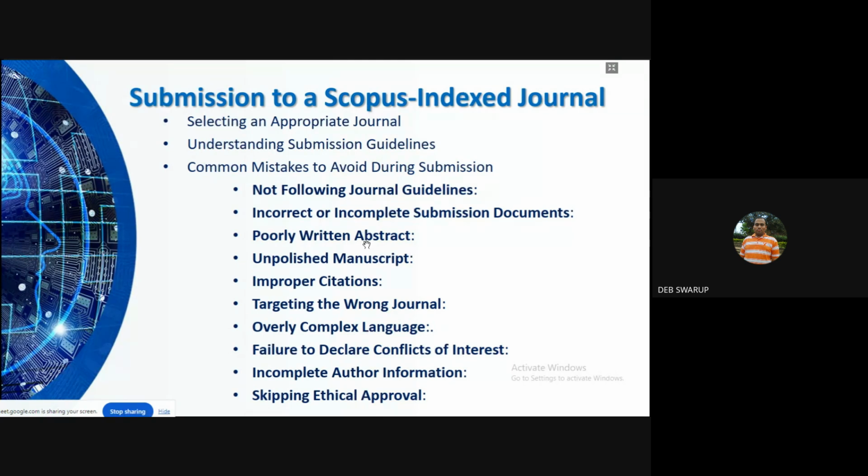Clear? Now, what are the common mistakes to avoid during submission? The first common mistake that I have told is not following the journal guidelines. Sorry, I'm suffering from a cold. One common mistake that authors make is citing the references.